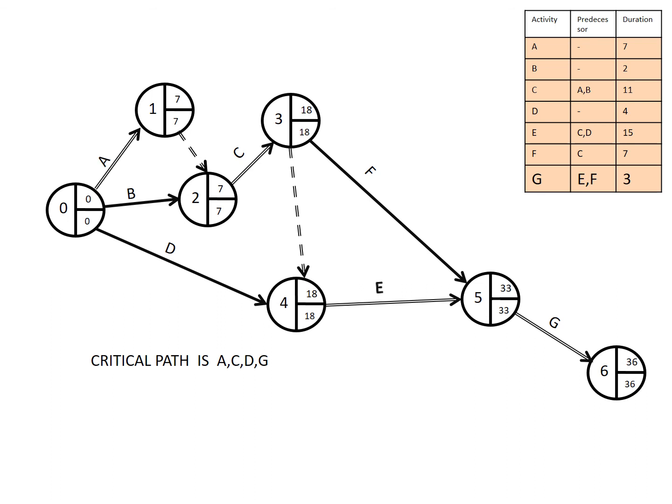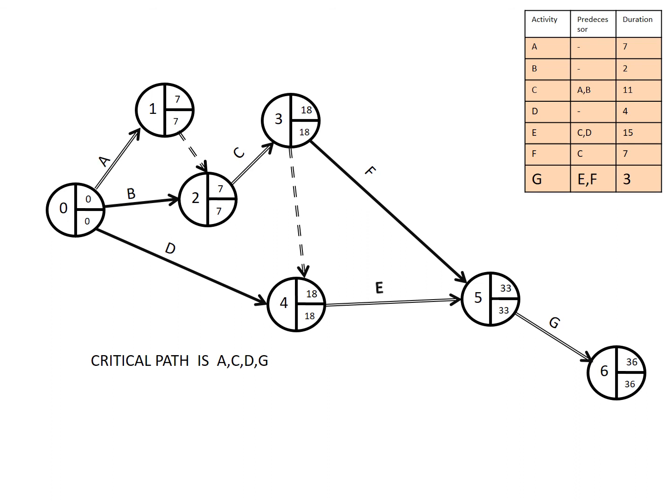There are other things that you will discover in the network, which is that activity B, activity D, and activity F can be delayed without delaying the entire project. That means those particular activities have what we call float, and float is the free time available for an activity to complete without delaying the project.